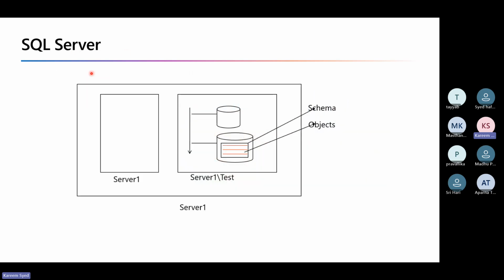Next important point from today's session is how SQL Server is there in a machine. Suppose there is one machine with the name Server 1, one laptop, for easy understanding.